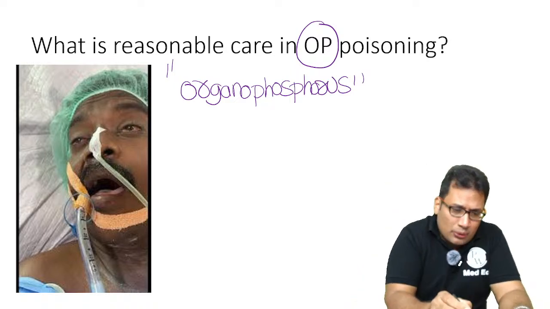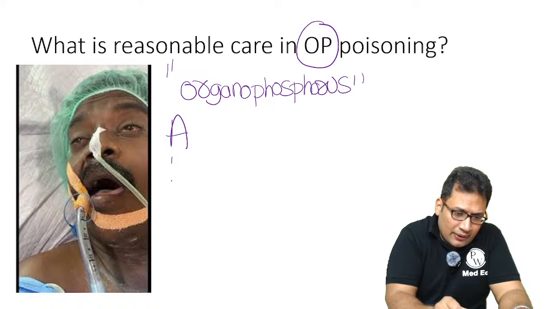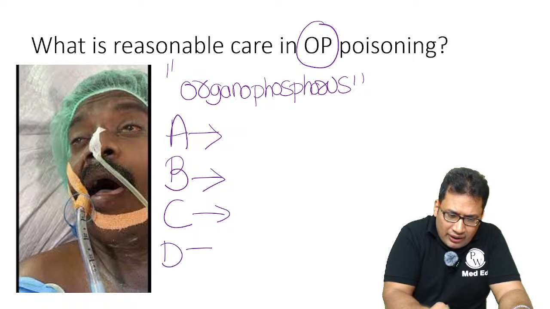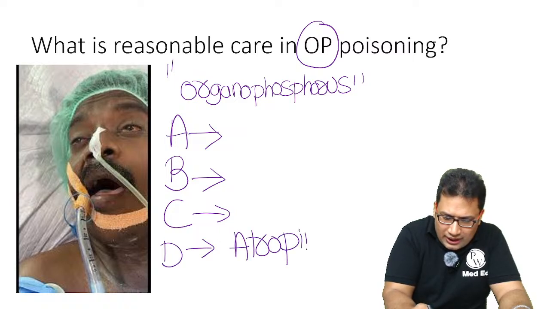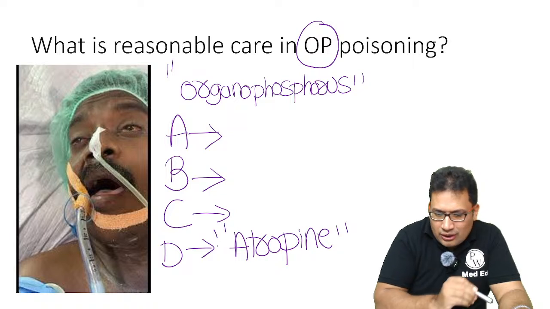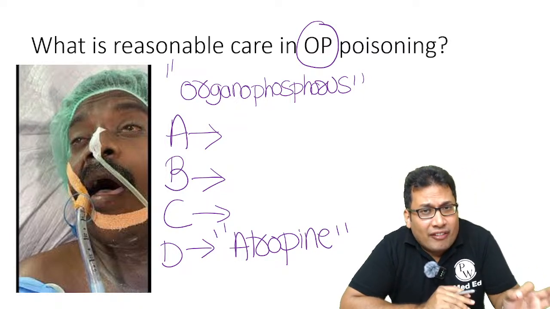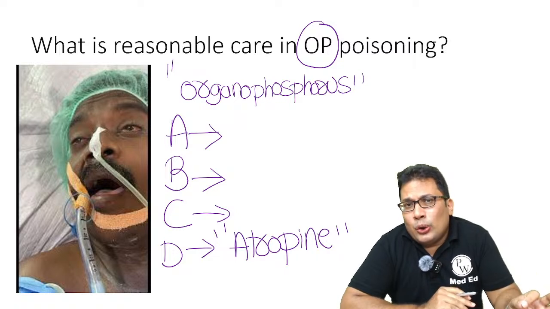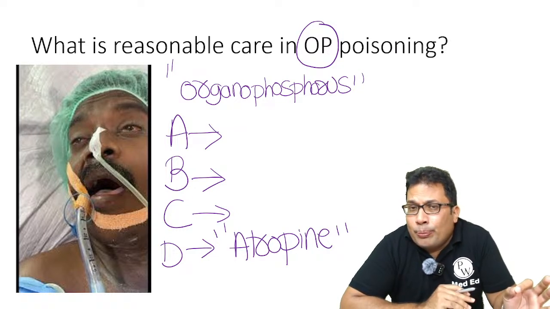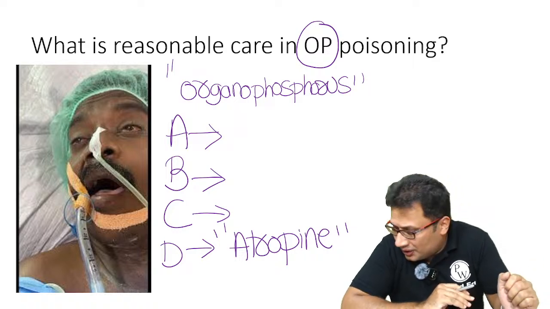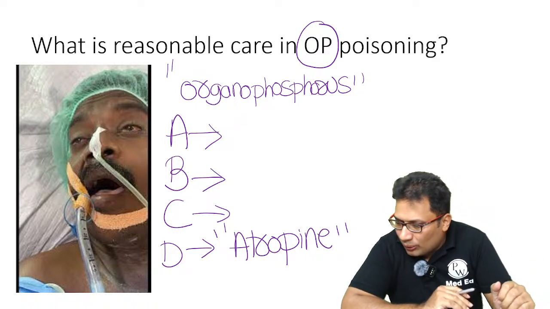Your answer should be A, B, C. Maintain airway, B for breathing, C for circulation, D for drug, that is your atropine. Atropine is the drug of choice, 2 to 4 milligram given intravenously, which antagonizes the action of OP poison and also reverses the signs and symptoms. Atropine, very good, good answer.